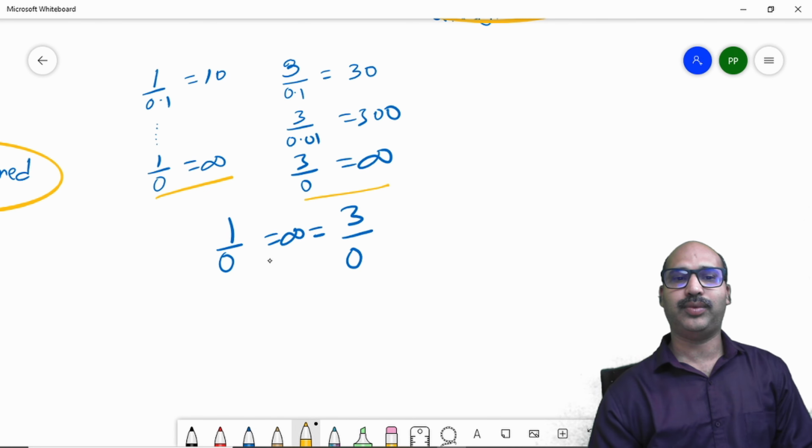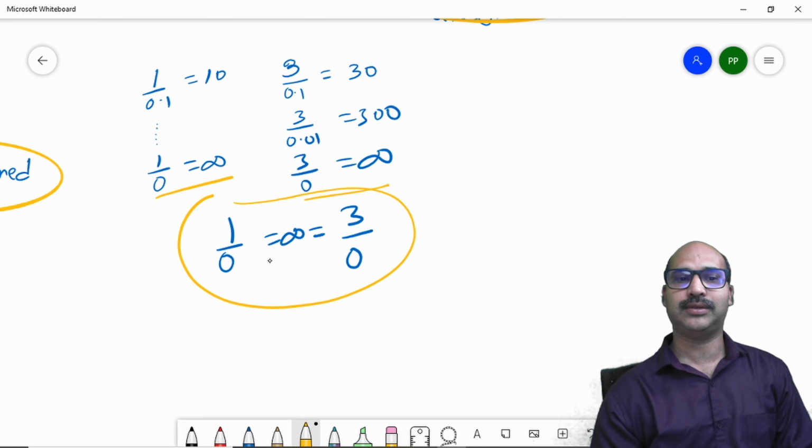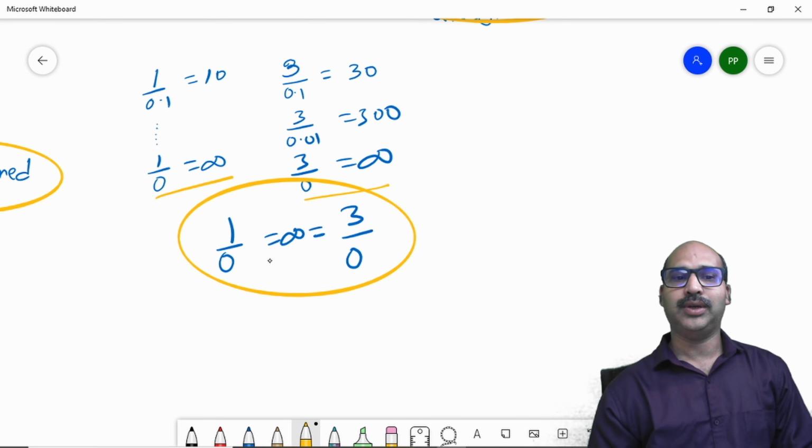So what you can observe from this concept is that two fractions are equal, 1 by 0 and 3 by 0, both equal to infinite. These two denominators are both 0. That means the numerators 1 is equal to 3. Is this possible? No, this is not possible.